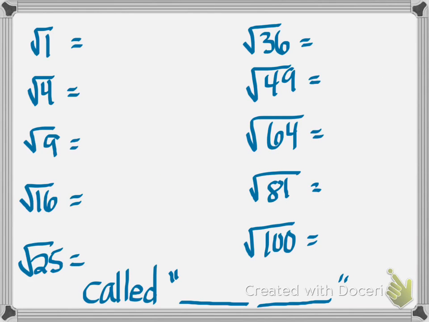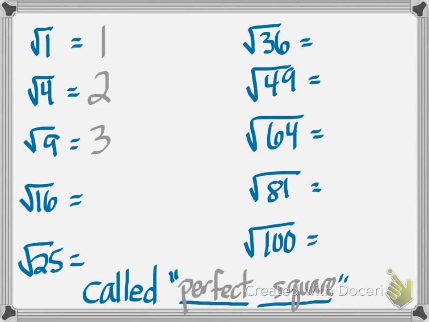So here's a list, and these are all called perfect squares. The square root of 1, well, 1 times 1 is 1. 2 times 2 is 4, so the square root of 4 is 2. 3 times 3 is 9, so the square root of 9 is 3.